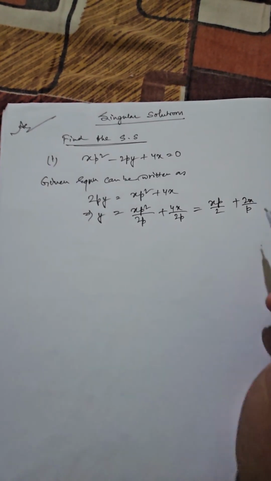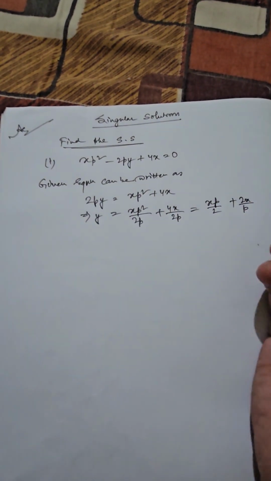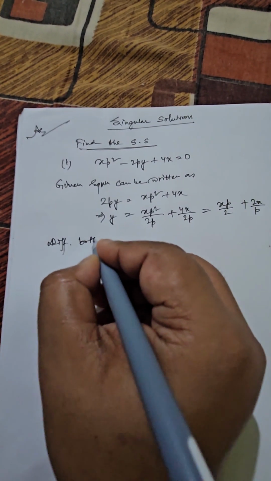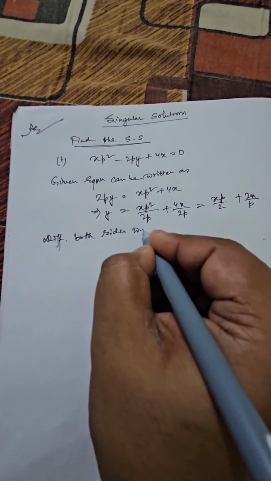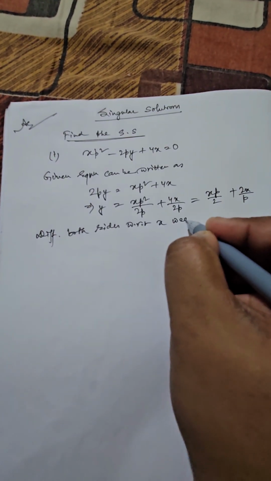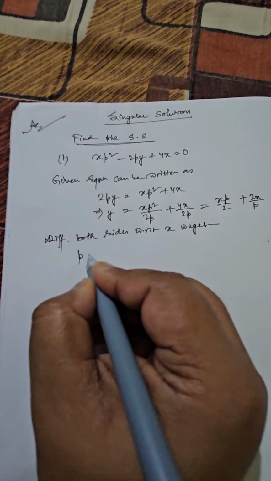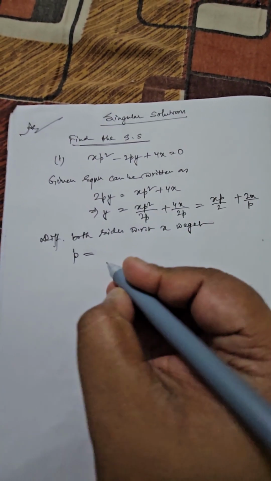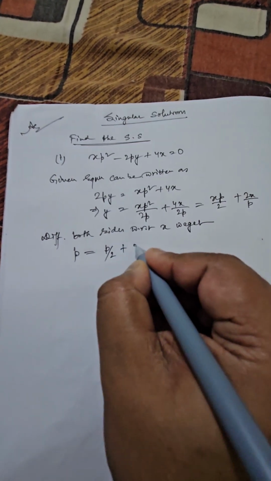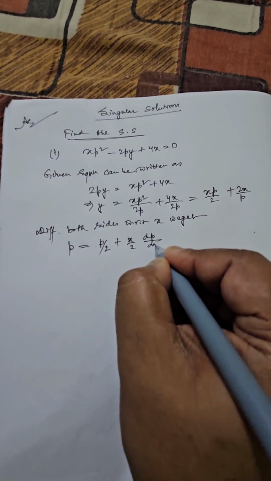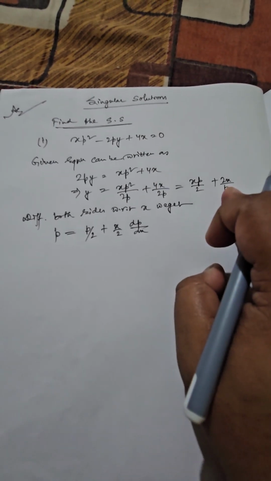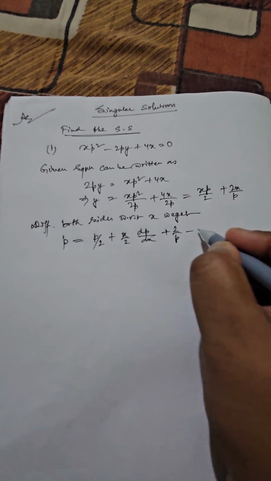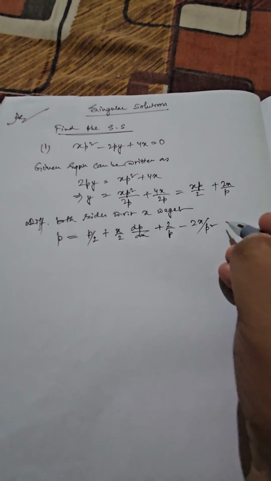Now if we differentiate this expression with respect to x, then dy dx can be replaced by p. Differentiating both sides with respect to x, we get dy dx, that is nothing but small p itself, and on the right hand side you will get p by 2, then x by 2 dp dx, along with it 2 by p and then minus 2x by p square dp dx.